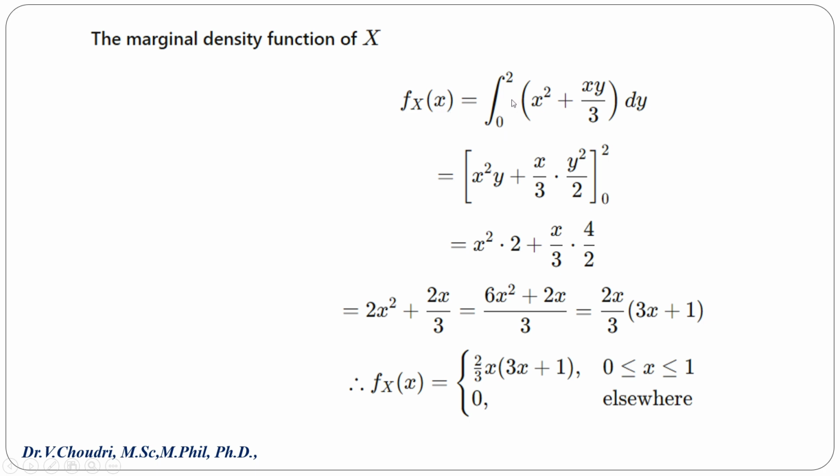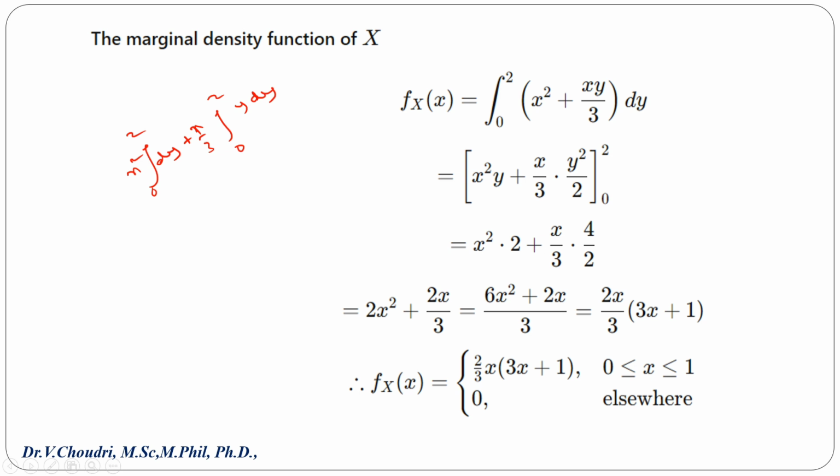f of x means integral with respect to y. So y limit 0 to 2. With respect to y, integral 0 to 2, x square is the constant only, so integral dy only, plus x by 3 is the constant, integral 0 to 2 y dy.